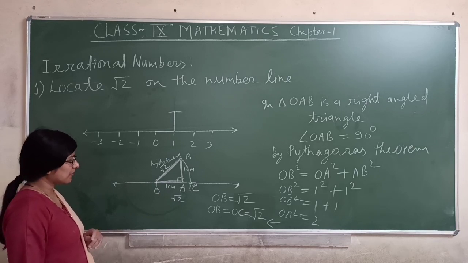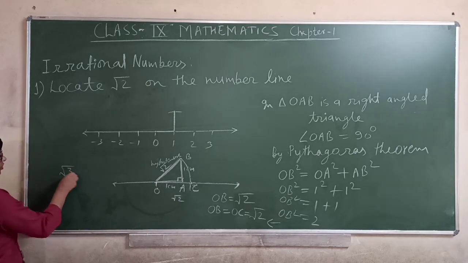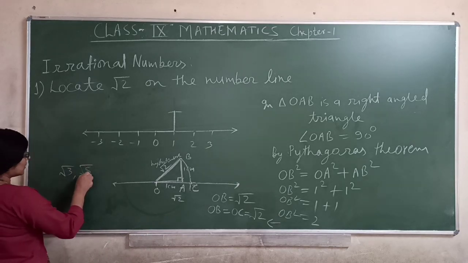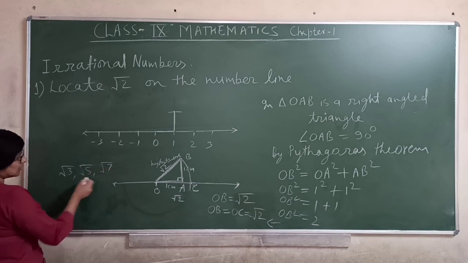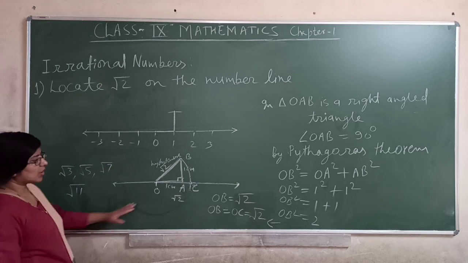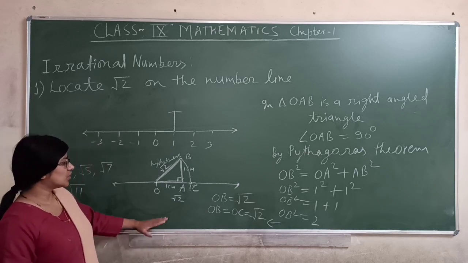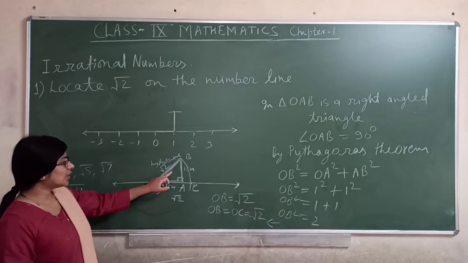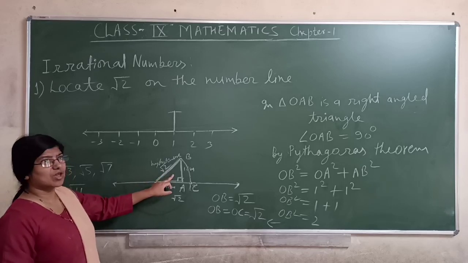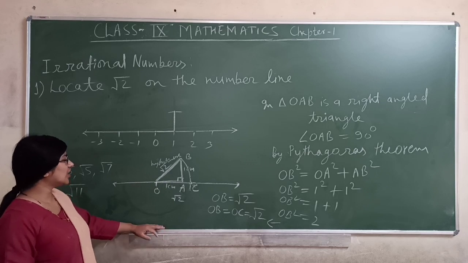Okay. In the same way, we can draw root 3, root 5, root 7, root 11 like that on the number line. So, students, you will also practice in the same way in your copy and draw the same figure in your copy.